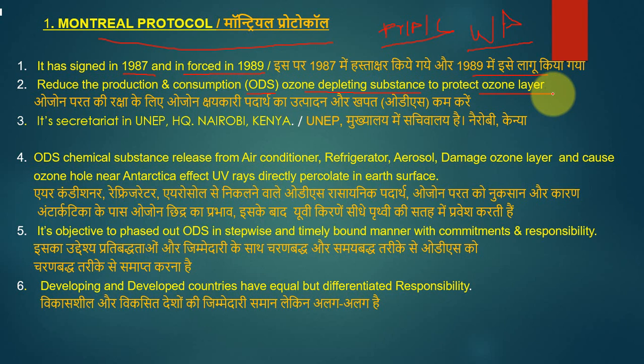Friends, in my previous video, part 4, I described what the ozone layer is, where it is found, and in which structure of the atmosphere. It is found in the stratosphere. The layer is about 0 to 50 kilometers, and what the consequences of ozone layer depletion are, which kind of chemicals or industries are responsible, everything I mentioned in part 4. Just please do watch that. To protect the ozone layer, reduce the production and consumption of ozone depleting substances, ODS.